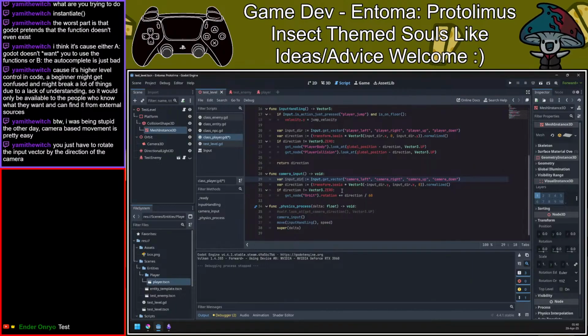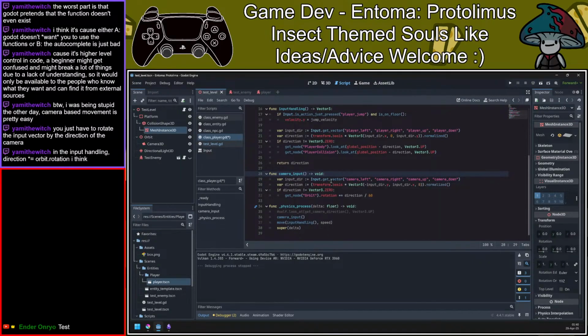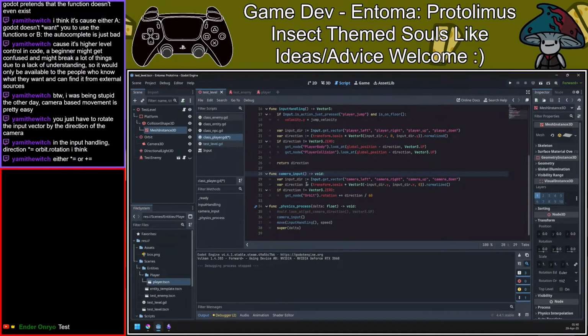And by direction, you mean the place that the camera is looking? And the input handling direction times equal orbit rotation.